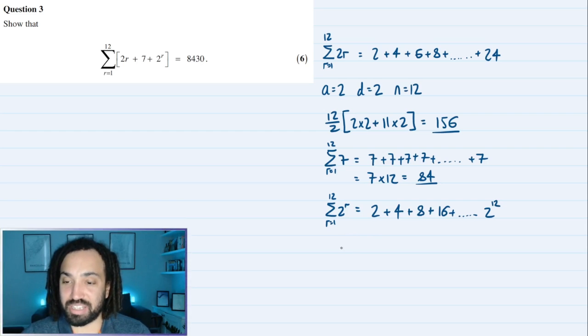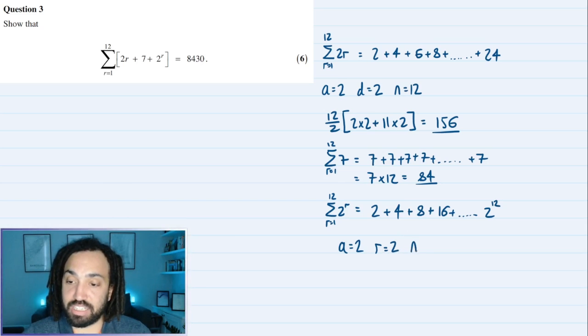Okay, but anyway, this is an arithmetic sequence. Sorry, it's a geometric sequence with start term 2, a common ratio where we're multiplying by 2 each time, so the common ratio is 2, and again the number of terms is 12.